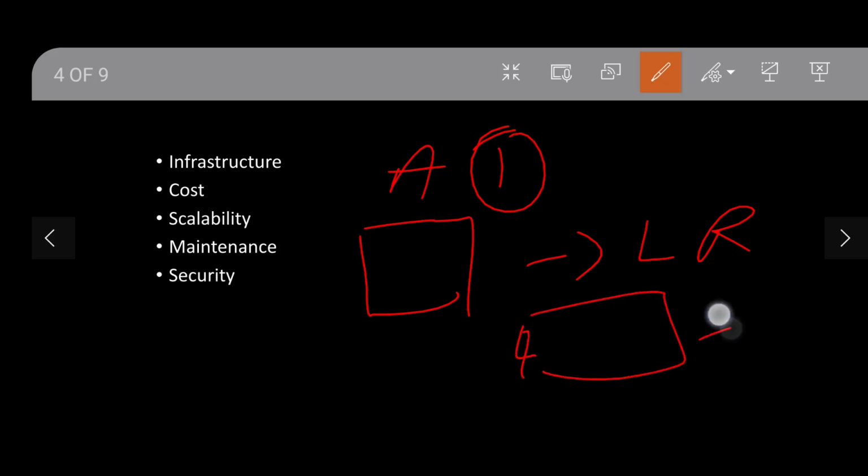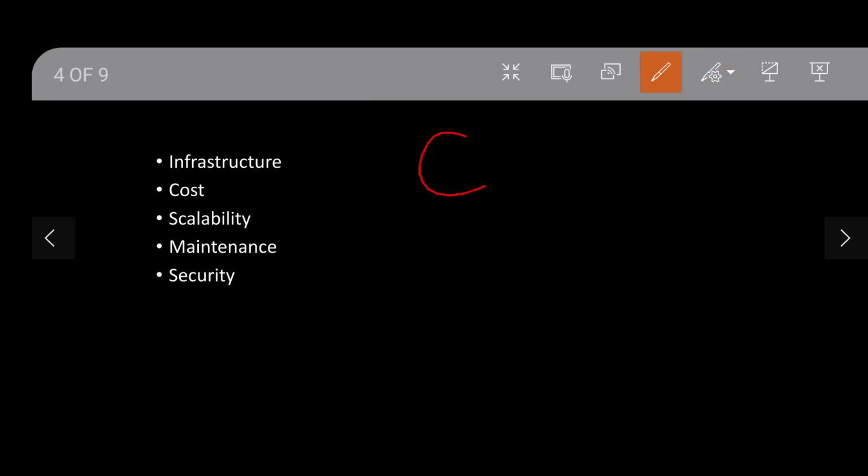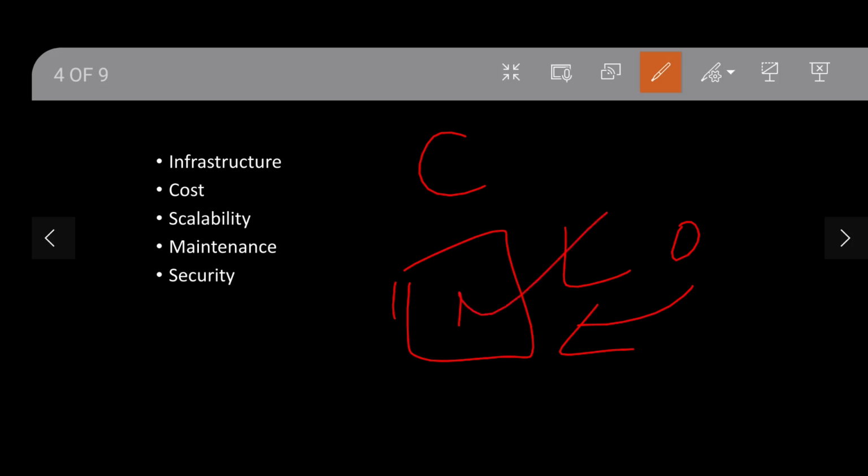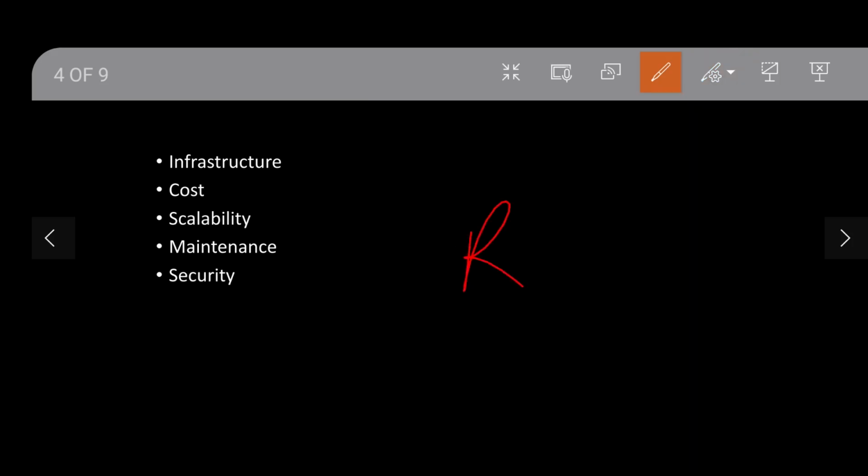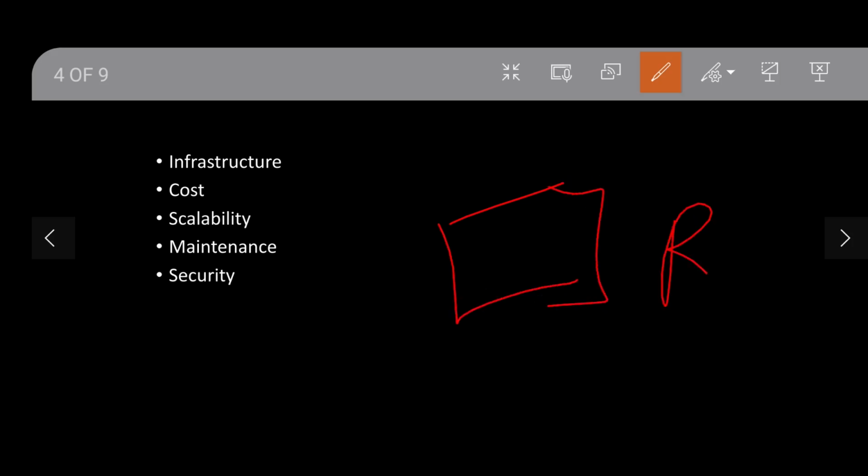Then again you have to buy a high-end processor. That would not be an appropriate method. If we come to cloud computing, whenever you want a low-end processor, you can order it, and you will get the low-end processor and use it. Whenever you are done, you can return it, and whenever you need a high-end processor, they will provide you a high-end processor. Okay, that's what the cloud providers do.